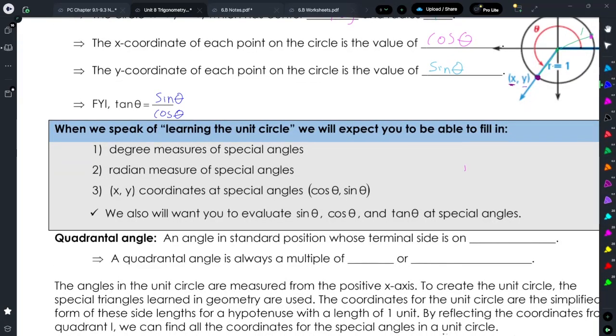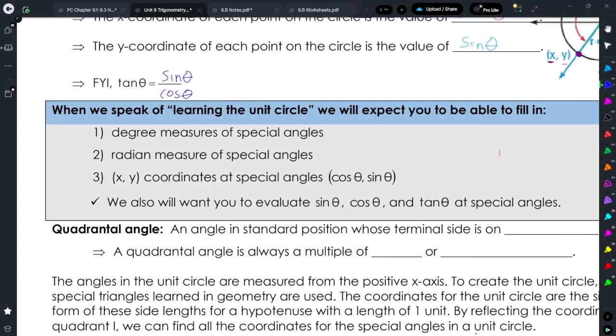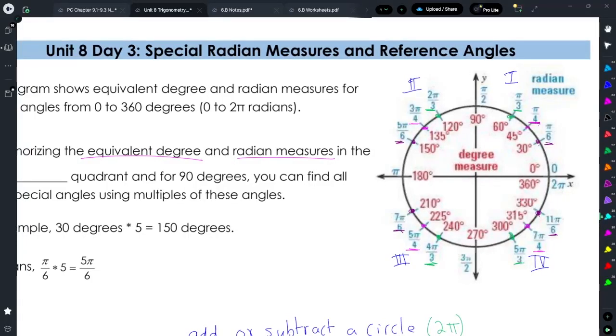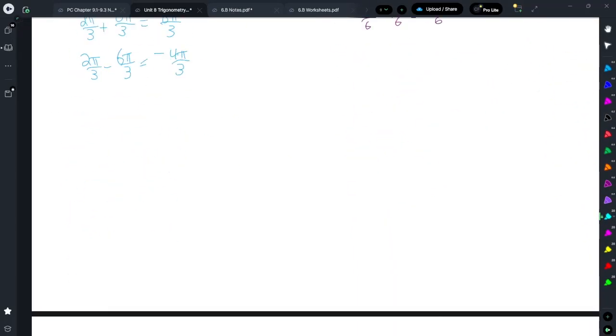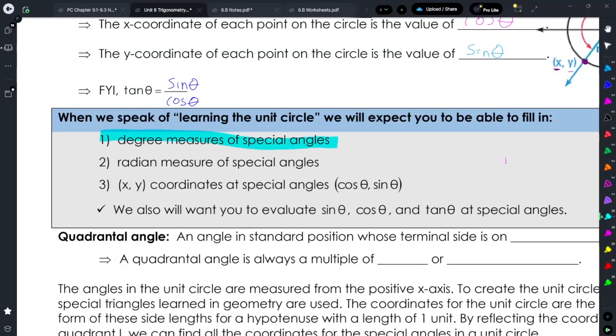So you're going to have to learn the unit circle. And again, we're going to be practicing this for a little bit, so it's not something that you need to sit down and memorize all in one day, but you should be working on memorizing it or figuring it out. These are the things that you'll be expected to do. All the special angles from the previous day that we talked about up here, you should know the degree and radian of those angles.